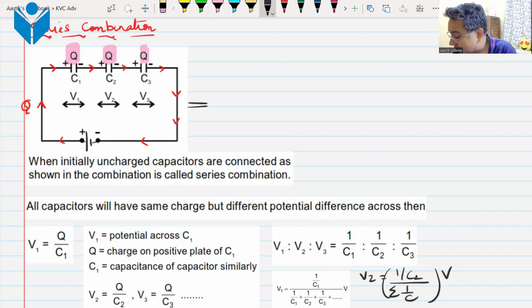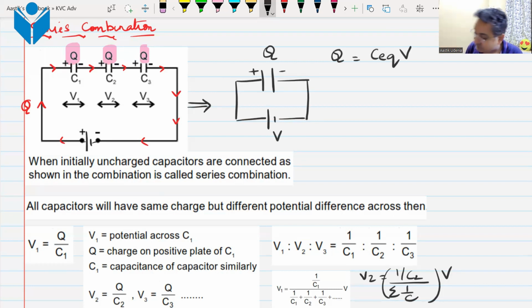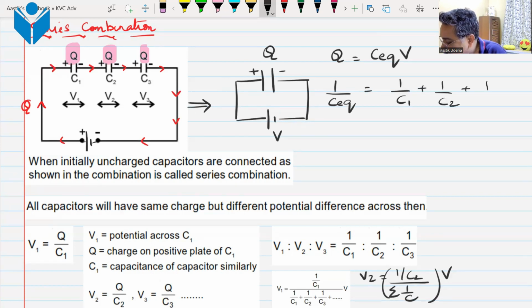Now what we can do is I can replace these three capacitors by a single capacitor that is known as the equivalent capacitor. Yes or no? Yes, sir. This equivalent capacitor will have the same voltage V and the same charge Q. Now this Q, the charge coming, can be written as C equivalent multiplied by V. Yes or no? Yes, sir. And anyone knows what is the value of this C equivalent? 1 by C equivalent will be equal to 1 by C1 plus 1 by C2 plus 1 by C3.